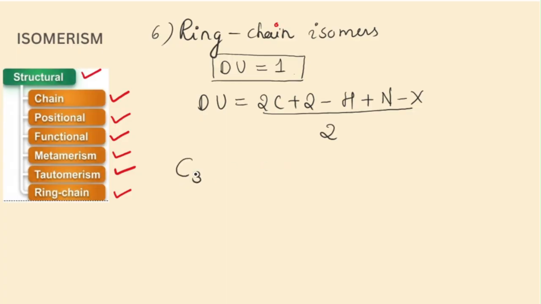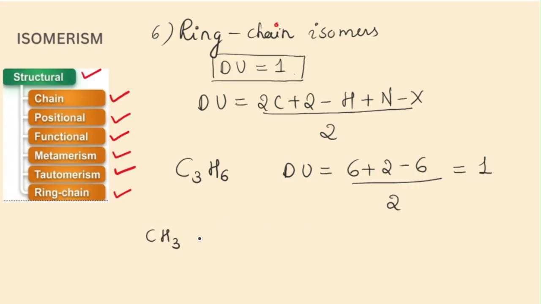Let's take the example of C3H6. First, calculate the degree of unsaturation. There are 3 carbons, right? And then how many hydrogens do we have here? 6. No nitrogen, no halogen, so you can ignore that part. So when you solve for this, you're going to get 1. That means without writing a double bond, you cannot write the structure of the molecule now.